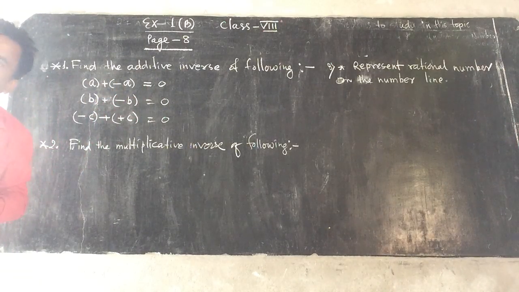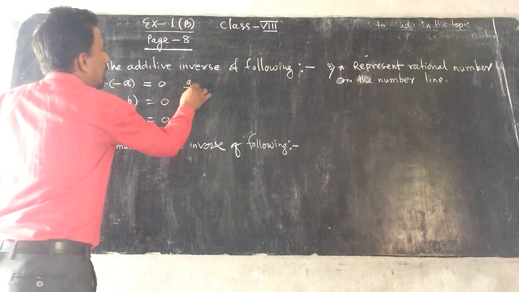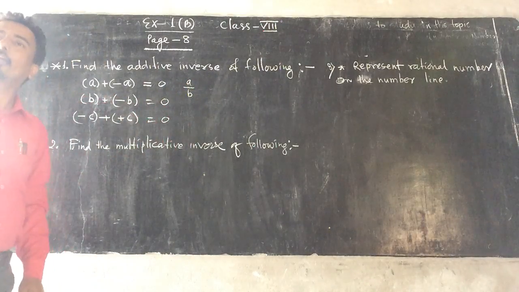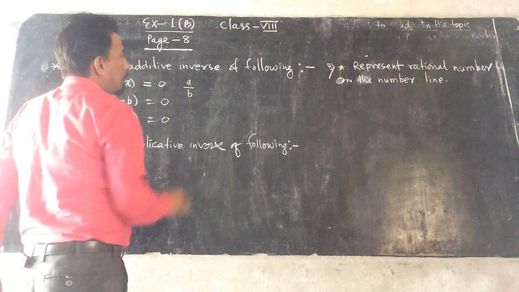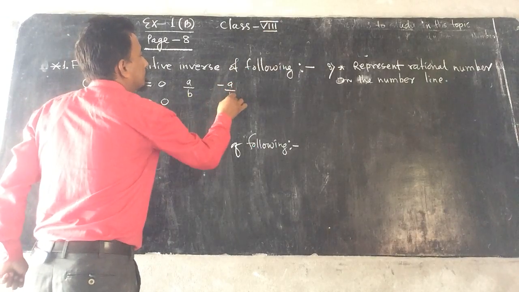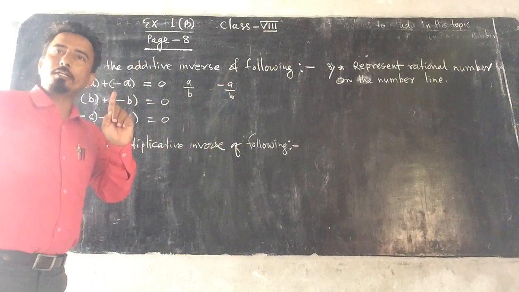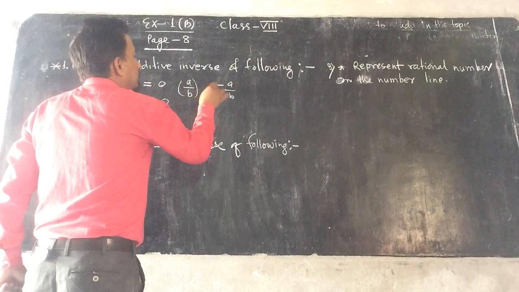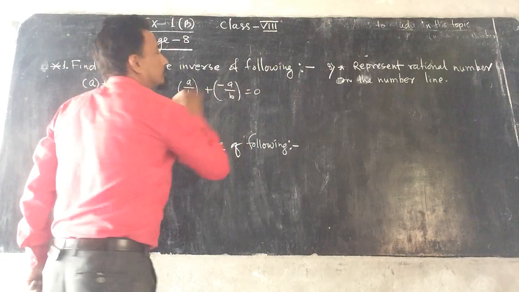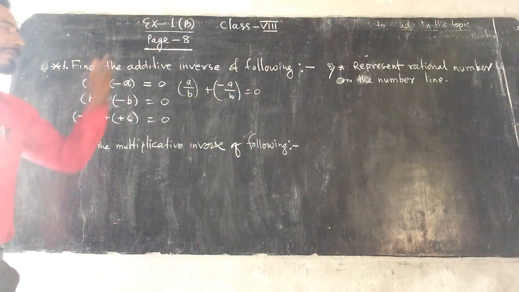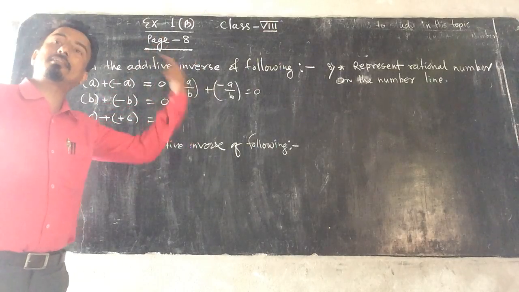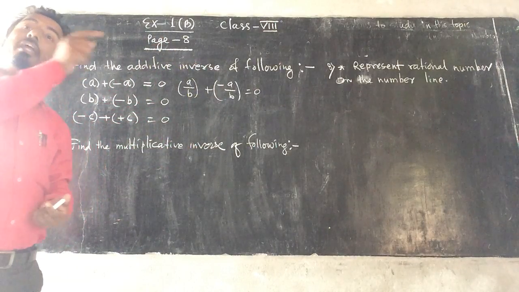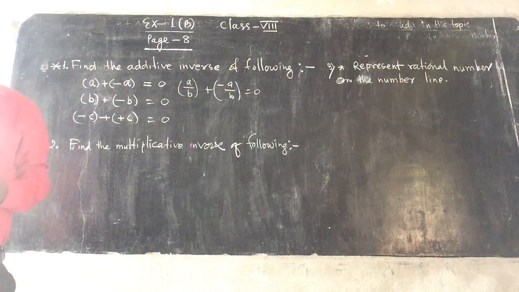Now you see here, I will just write A by B. What is the additive inverse of A by B? Minus A by B. Got my point? If you add up these two, you will get 0 again. The additive inverse of a number is that number which gives 0 on adding with the original number.